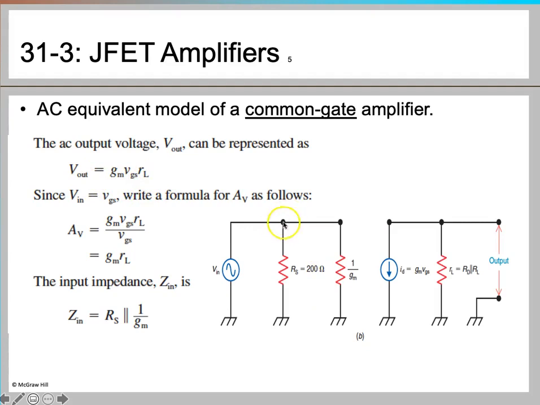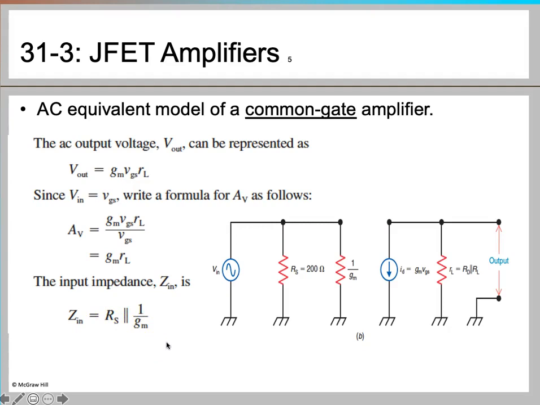You know that this node is going to be the same here as well, so this Vin is going to be equal to your VGS. You put these values into the formula, and you get Av is equal to gmRL. Now in this case, if you have to calculate the input impedance, you will use this formula: Zin is equal to RS parallel to 1 by gm. So this way you can calculate the input impedance.